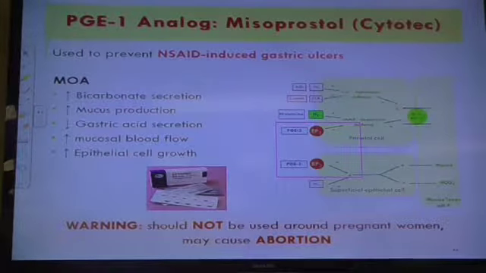Do you have a question at this time? You're curious why it is a PGE1 when the one we reviewed is PGE2?